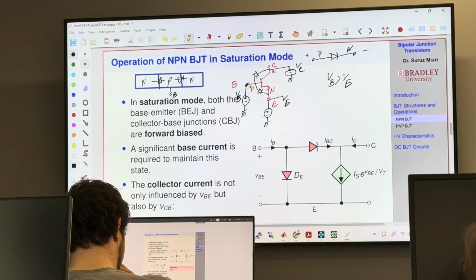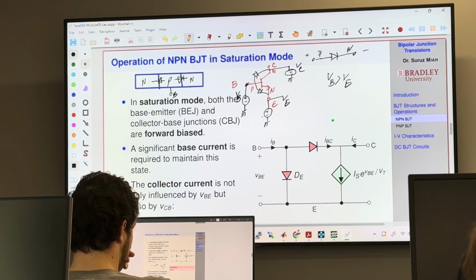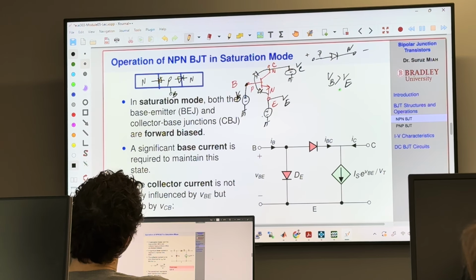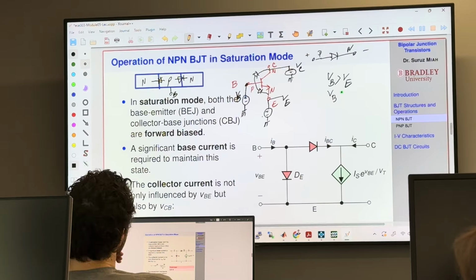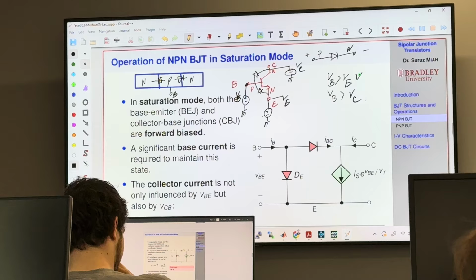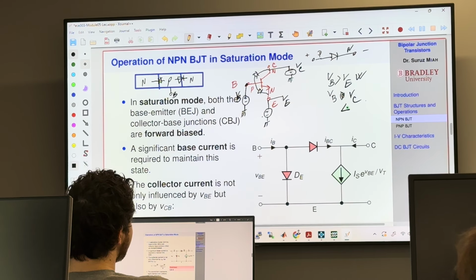Now, to make the base collector junction forward biased, what do we have to do? What is the condition? Would it be VB greater than VC? Exactly. In active mode, this is reversed.